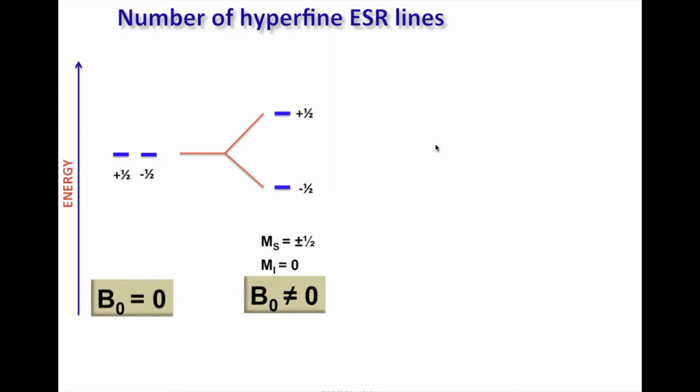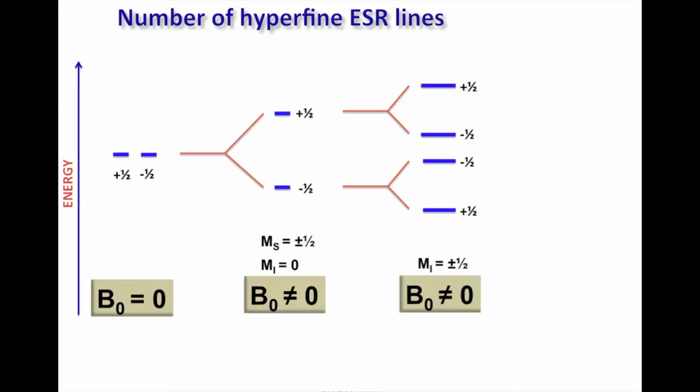Now, if that single electron is present in a species along with an active nucleus of spin half, these two states undergo further splitting, giving rise to a total of 4 energy states. The order of these energy states is shown here in this figure: plus half, minus half, and plus half.